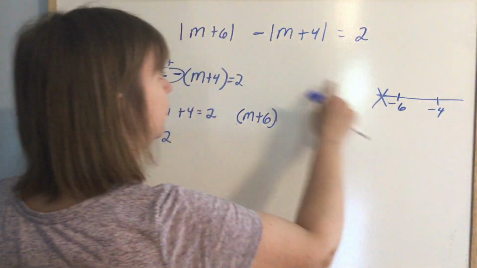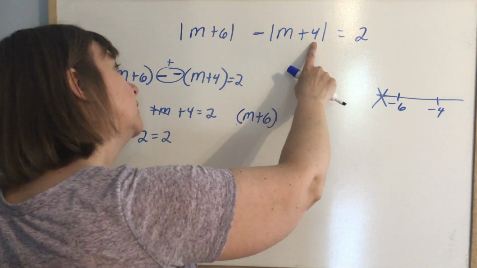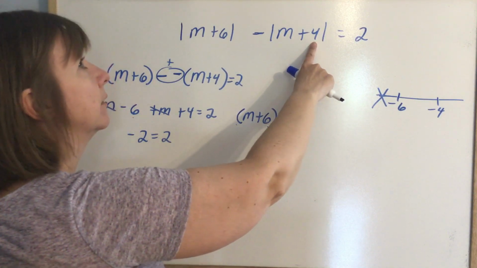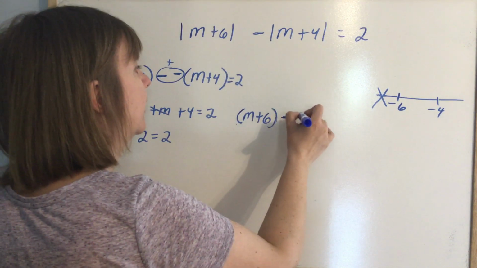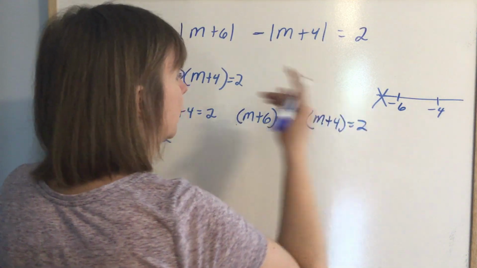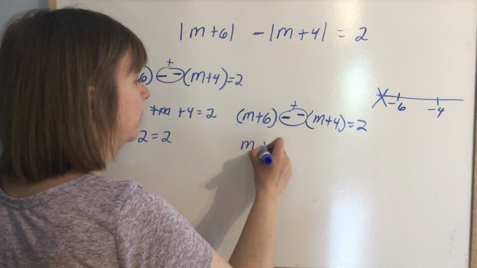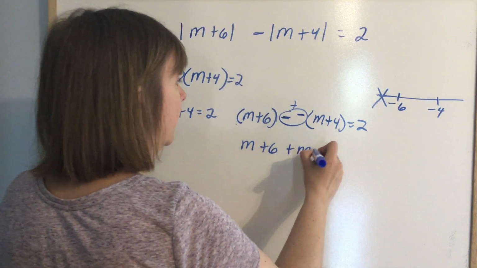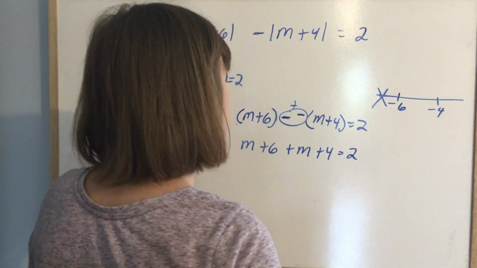Okay, so if I choose negative 5 plus 4 is negative 1. So the minus is here, and the answer works out to be negative. And so this is actually a plus. So I have m plus 6 plus m plus 4 equals 2.